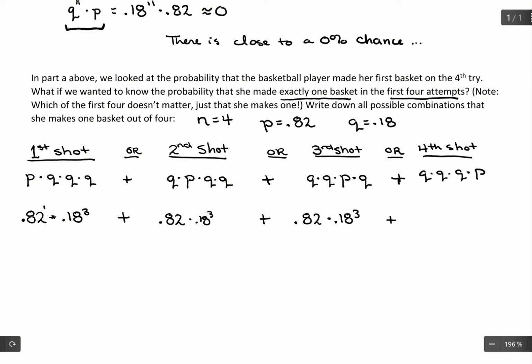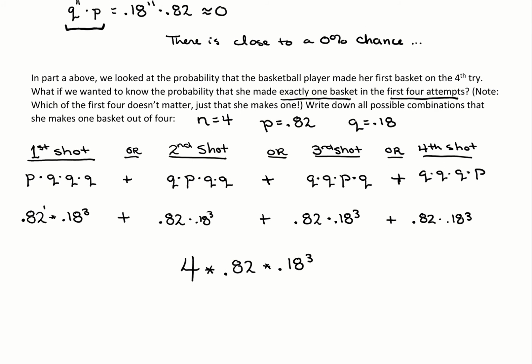And we have to add it to itself 4 times because of this scenario and how many ways that can occur. So what we end up with is there's 4 different ways for this to occur. So we can do 4 times this 0.82 times 0.18 cubed. And that would calculate our probability for making exactly 1 basket in our first 4 attempts.